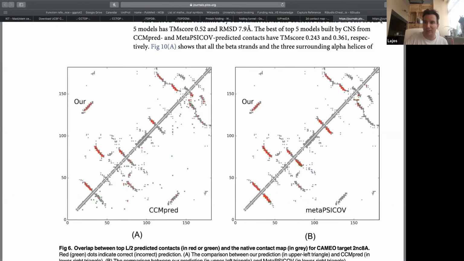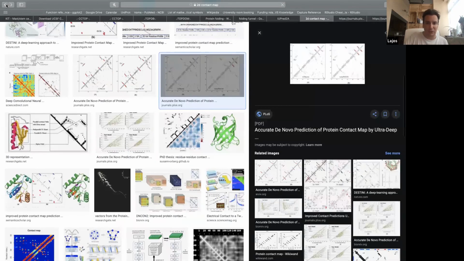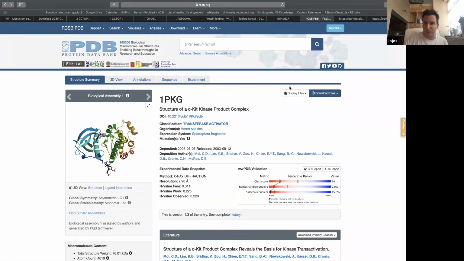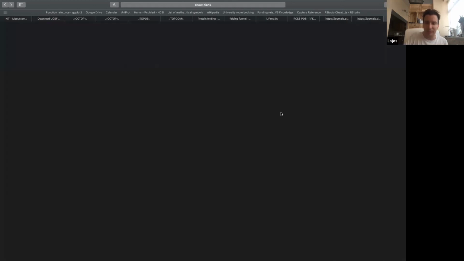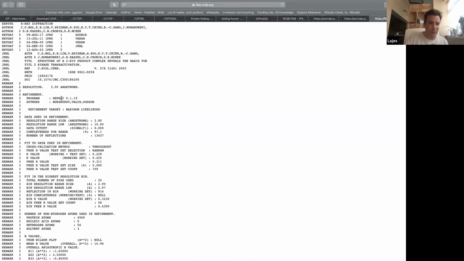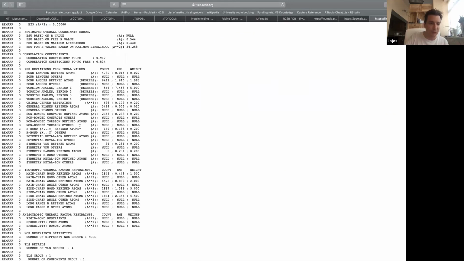Let me just show you one. It's ugly, but just to give you the idea what is the file you will start with. If you are on the PDB website, you can say display PDB format. That's the basic standard format for PDB. It looks ugly. There is a lot of metadata and information here, which you will never use.